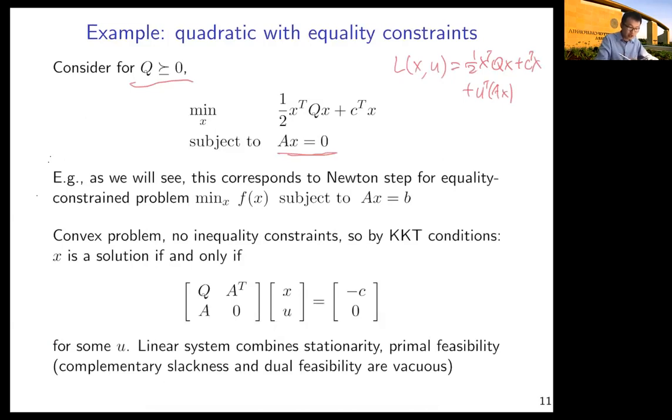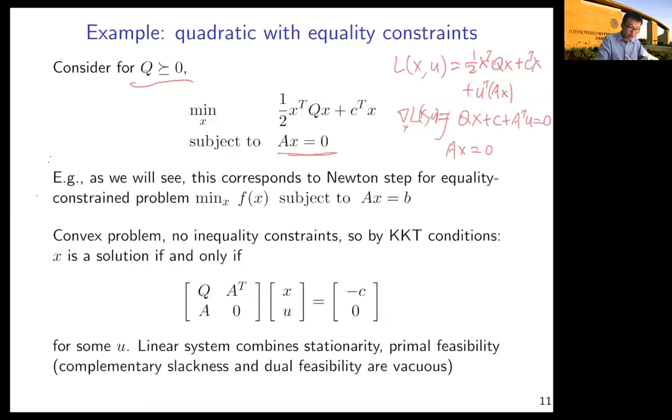And then the stationarity condition says that since this is differentiable and convex, the partial gradient of the Lagrangian with respect to x is equal to Qx plus c plus A transpose u, and this is equal to 0. And then by feasibility, we have another equation which says that Ax is equal to b, right?